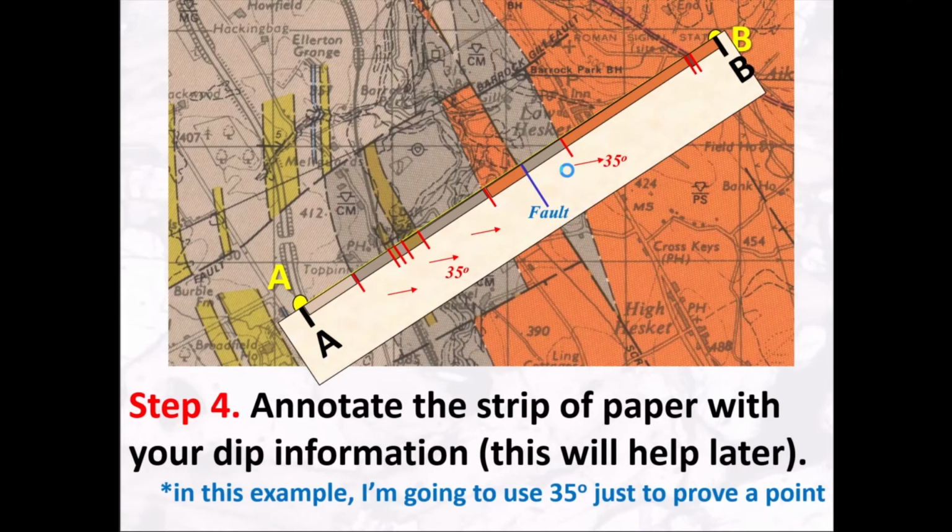If anyone watching this has a better map which shows nice parallel bedded uniformly dipping rocks that has an angle that would look better on a cross section, I'd really appreciate the heads up. But right now I want you to just accept that I'm going to draw these at 35 degrees just to prove a point. Okay?